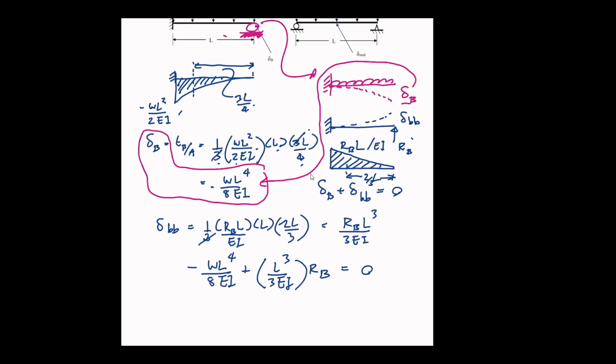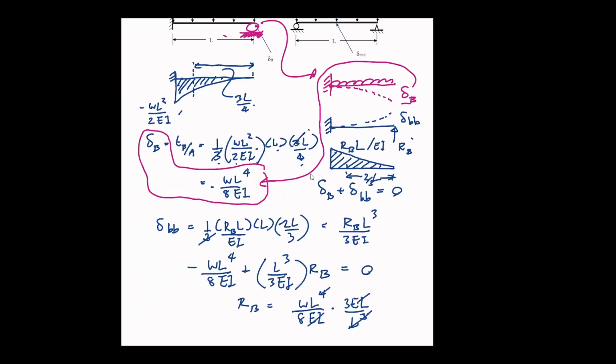Okay, so we can solve this. Now see, RB is equal to WL to the power 4 over 8EI multiplied by 3EI over L cube. EI is gone, L is just power 1.